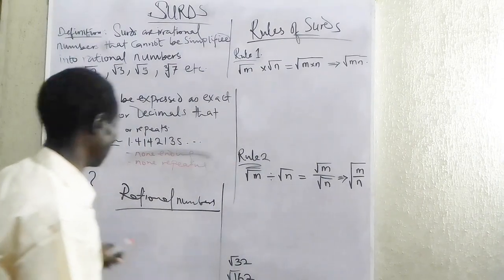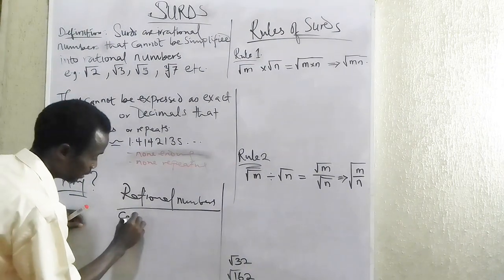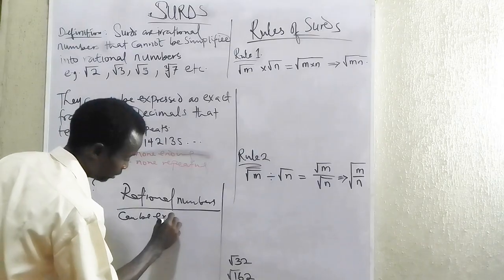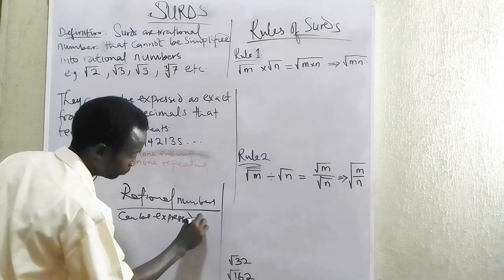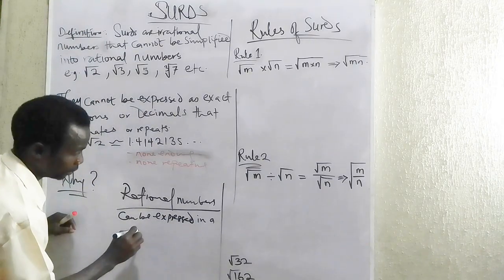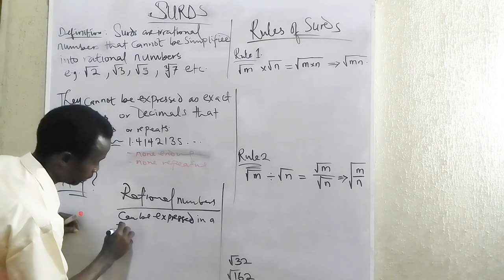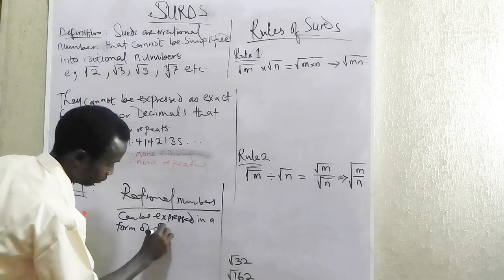So rational numbers are numbers that can be expressed in the form of fraction.